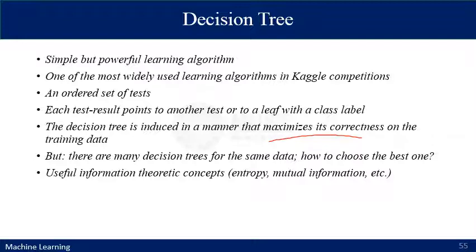But there are many decision trees, as with many hypothesis assumptions for the same data. So how will you be able to choose the best one? So we will discuss briefly the tree selection criteria. Decision tree employs useful information theoretic concepts such as entropy, information gain, and mutual information, etc.